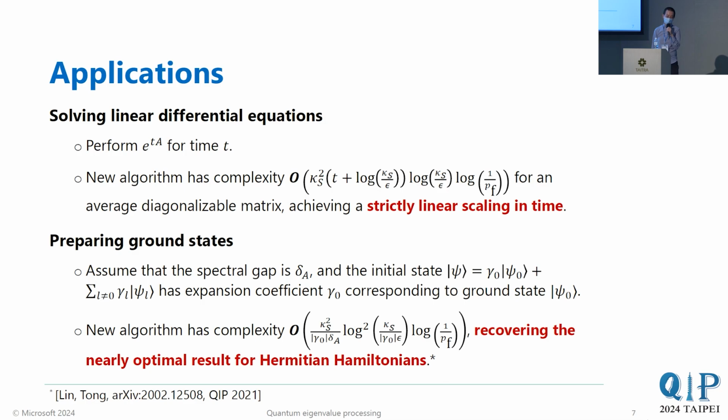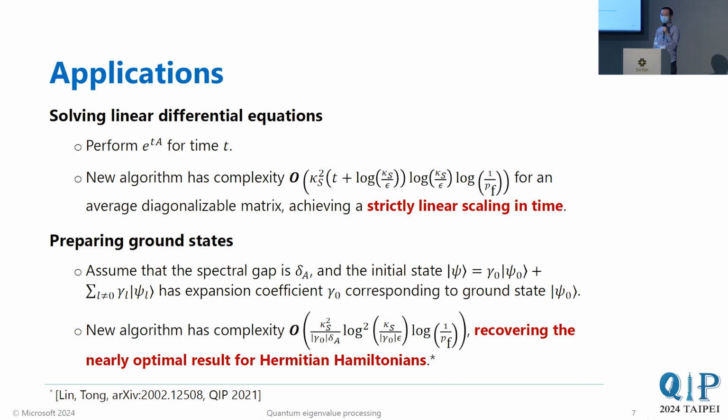We also apply these results to the problem of ground state preparation, which has been studied by many previous works on quantum algorithms, because people can hopefully learn the underlying properties of the quantum system using the solutions. In this case, we develop a quantum algorithm for the generalized problem where the input matrices don't have to be Hermitian.